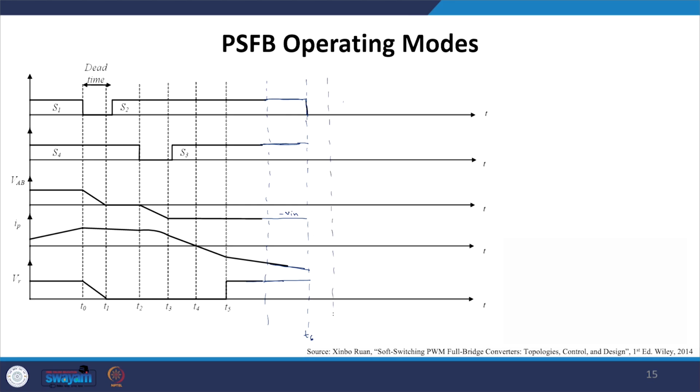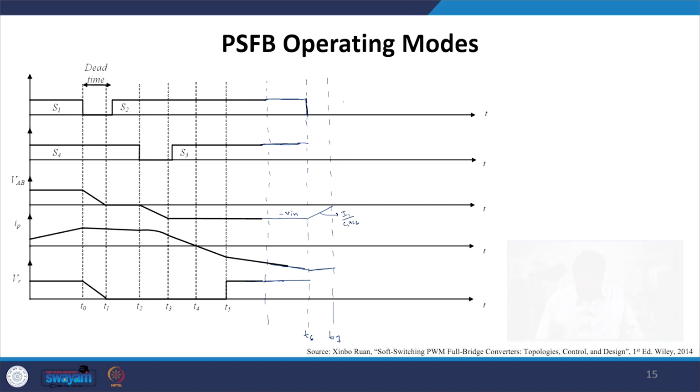Now the next timing instance, let's say T7, is when the capacitances C1 and C2 come into the picture in order to ensure the IP is still maintained, which is the negative of the output inductor current. Because of that, the IP will still be there here, and this VAB will be falling down, and this slope is nothing but I1 by C1 plus C2.